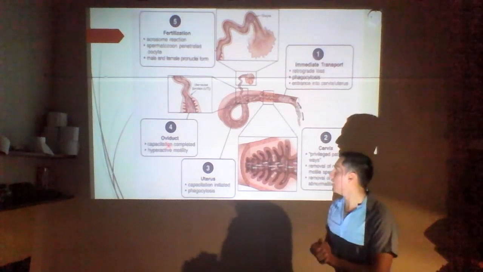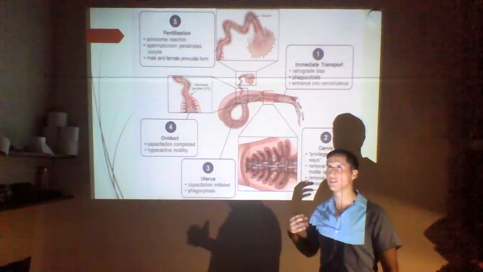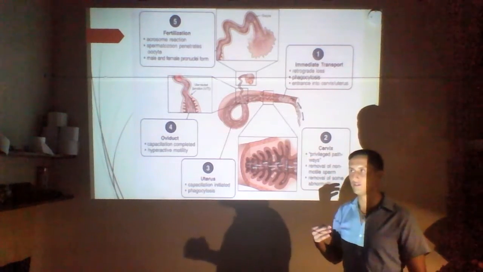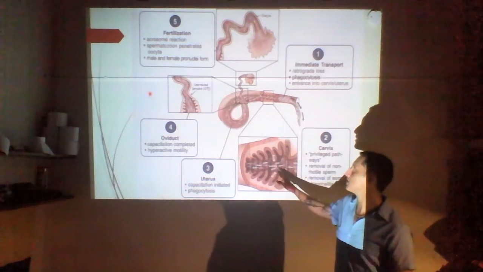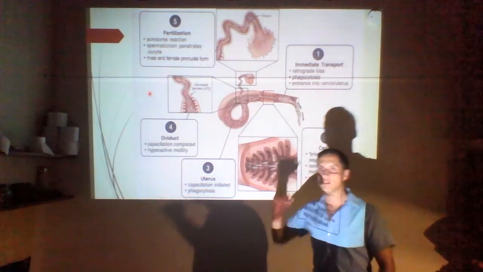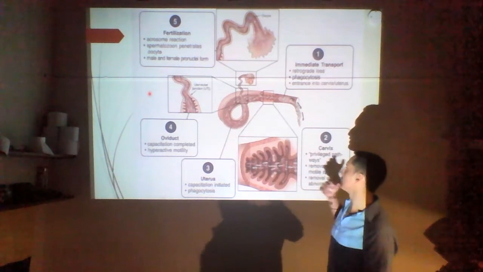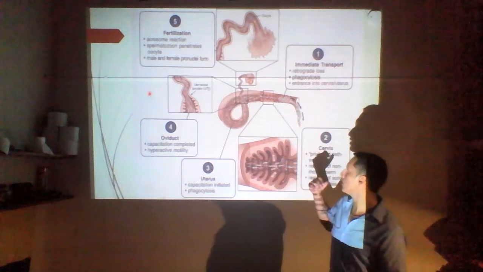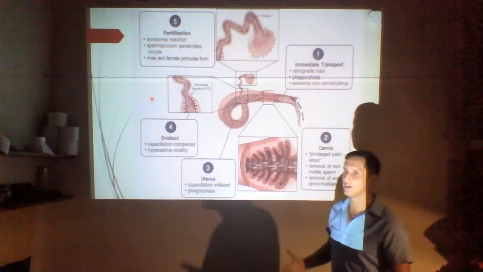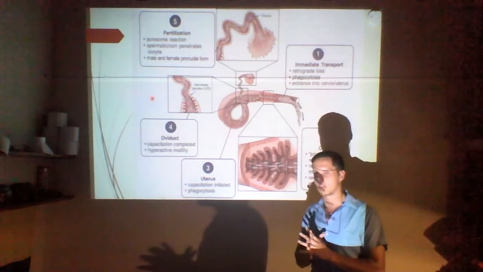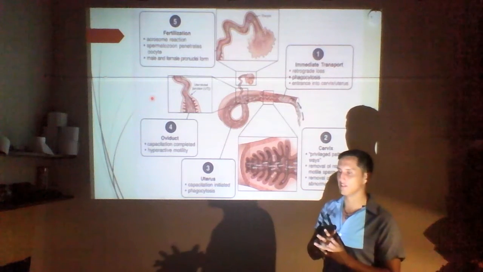Then they pass through here, and we have the third filter, called the endometrial crypt, which works the same as the cervical crypts. And then they go to the ampullar isthmic part of the oviduct, where, as I mentioned, they encounter the ovule that has been released by the ovary, and syngamy occurs. That is the process when the spermatozoid and the ovule fuse.